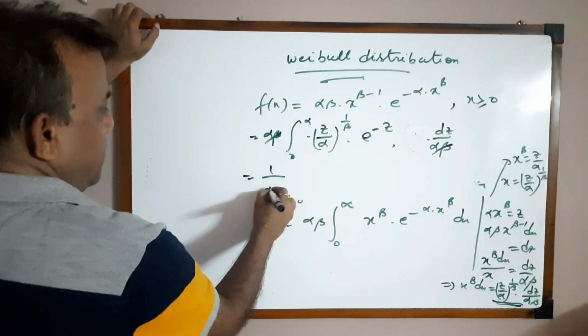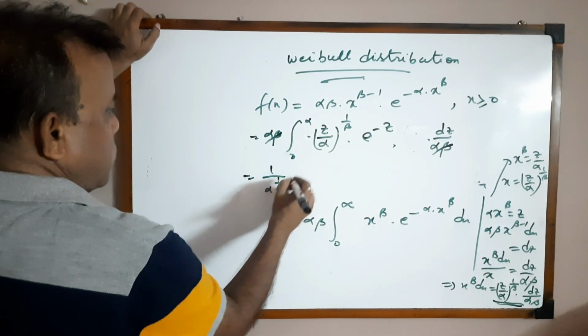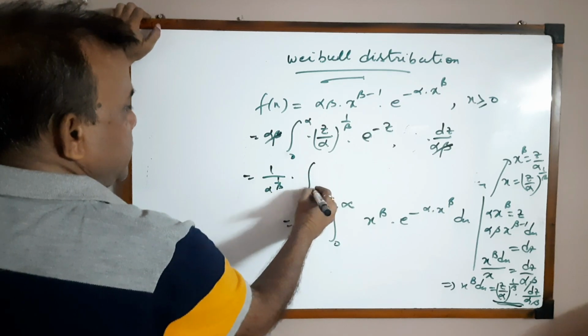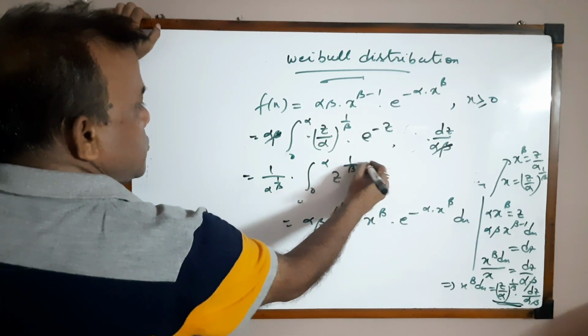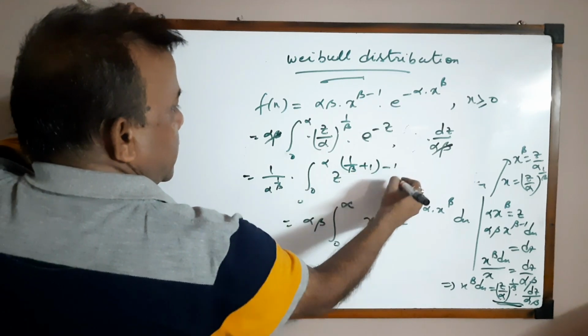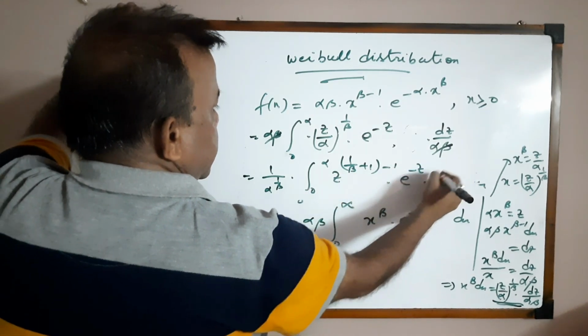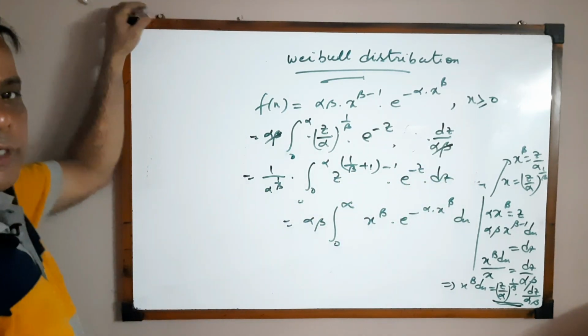This gives 1 by alpha to the power 1 by beta into integration 0 to infinity z to the power 1 by beta plus 1 minus 1 into e to the power minus z dz. Okay.